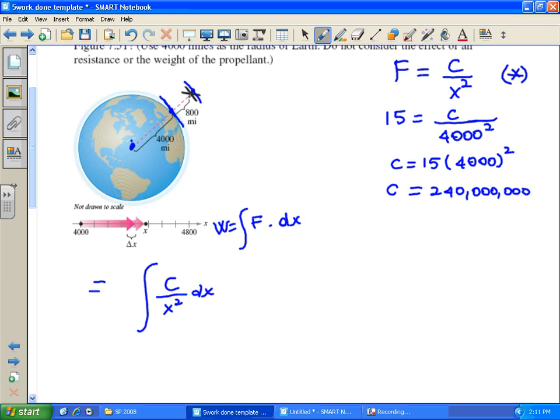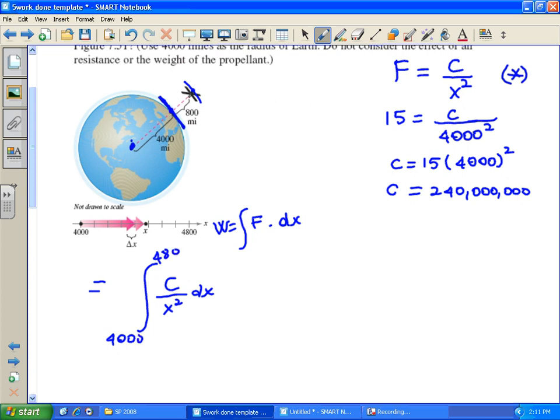So what limits of integration would you use here? Again, all the distances are taken from the center. So when you're here, x equals 4,000. And what will be the upper limit of integration? 4,800.